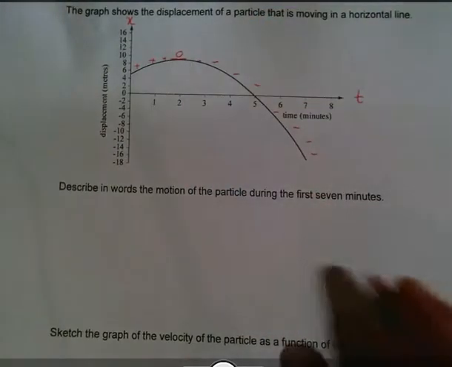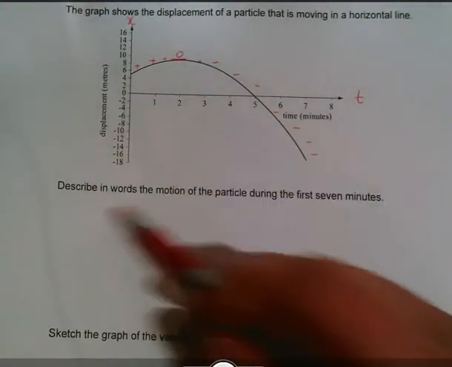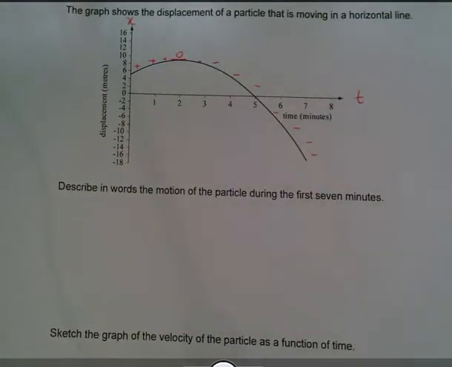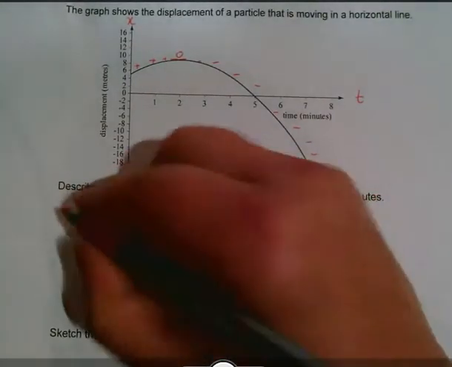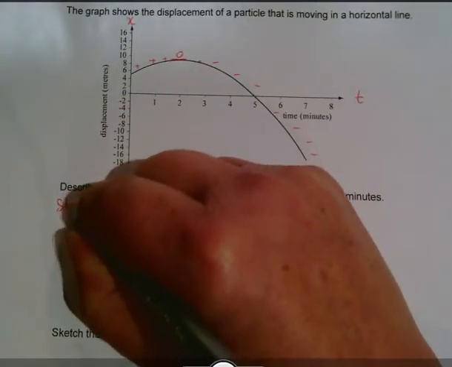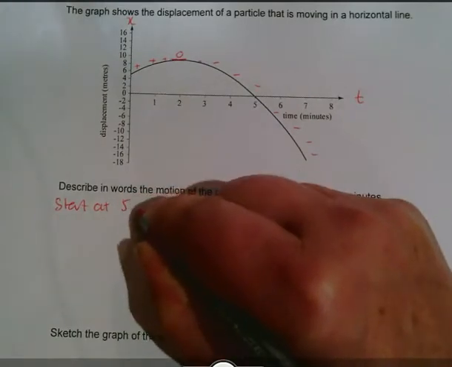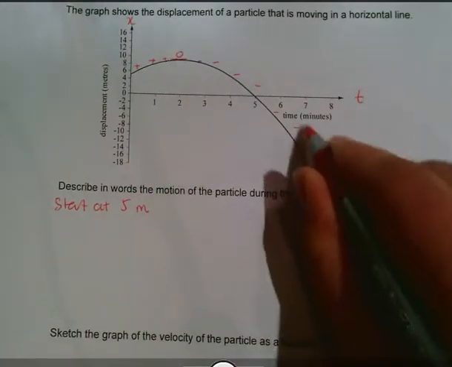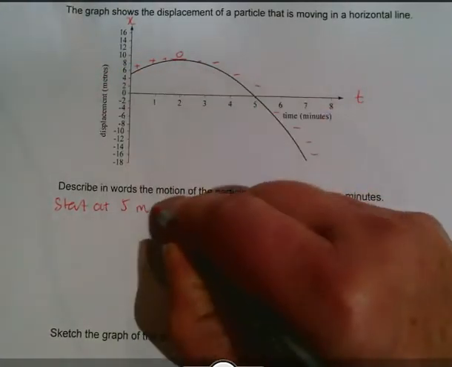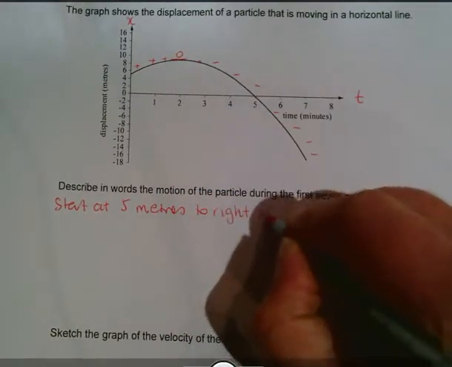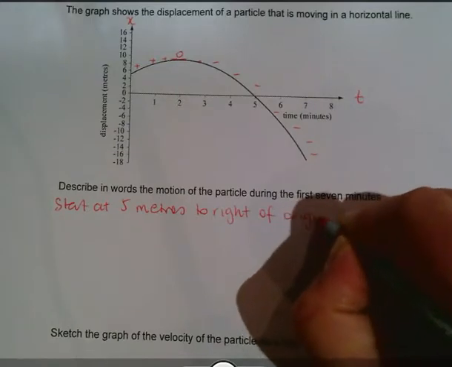Okay, so when you describe the motion of the particle, you want to say where you started, where you traveled, how long you traveled for, and things like that. So it looks like you start at x is 5, and that does have units, so 5 meters to the right of the origin.